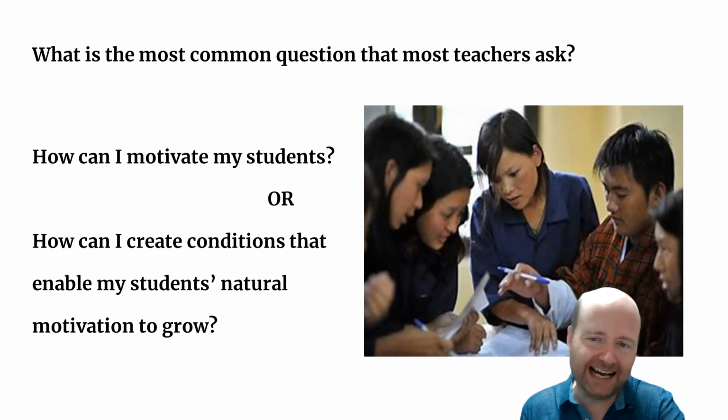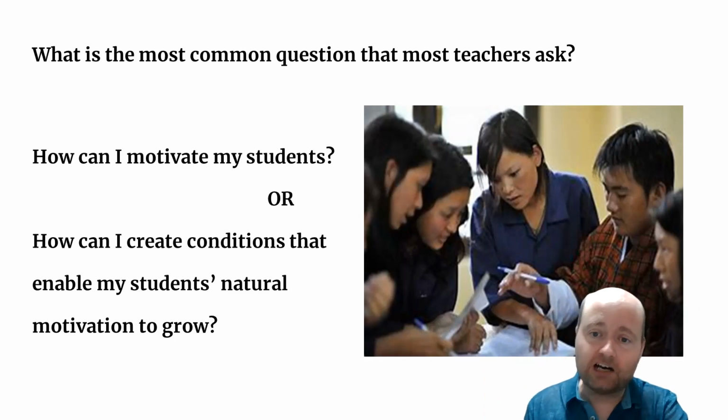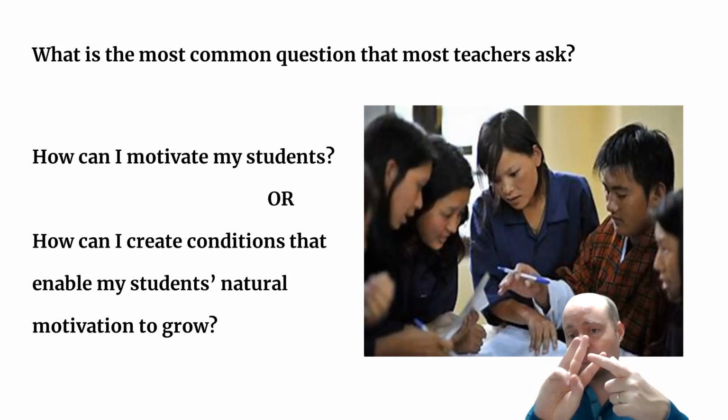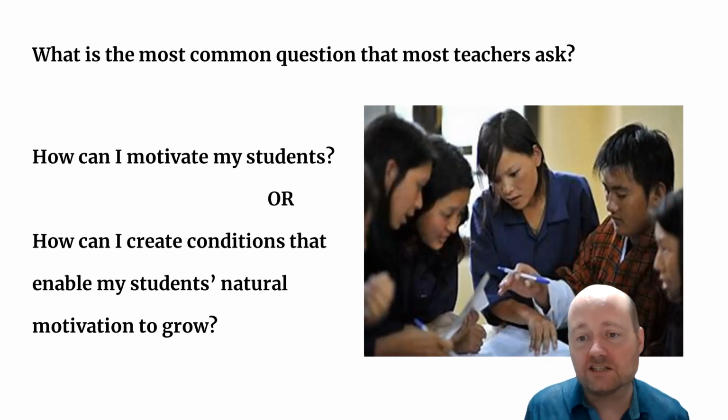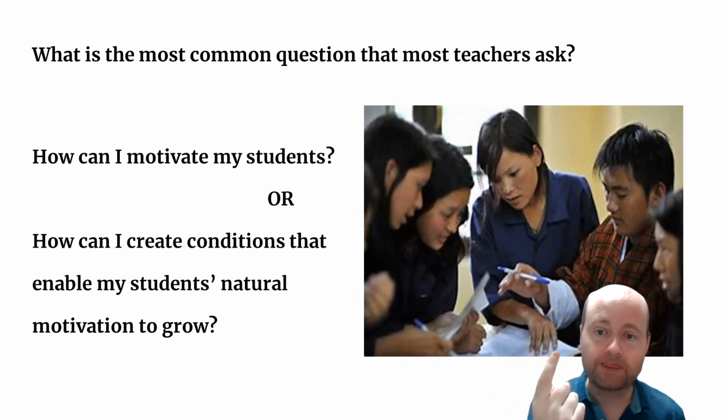The real question to ask is, how can I create an environment? How can I create conditions in which their natural motivation grows? And the answer I've been trying to present to you today is through autonomy, competence, and relatedness. So let's look at that one more time. Autonomy is giving them as much choice as you can within the framework.